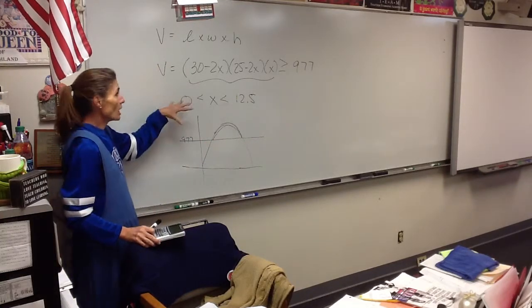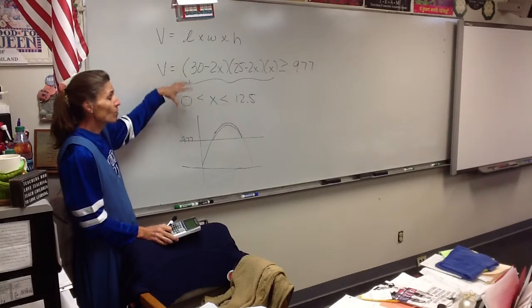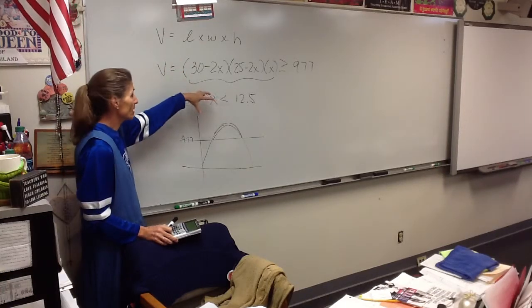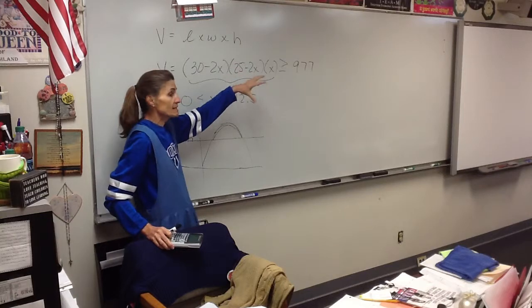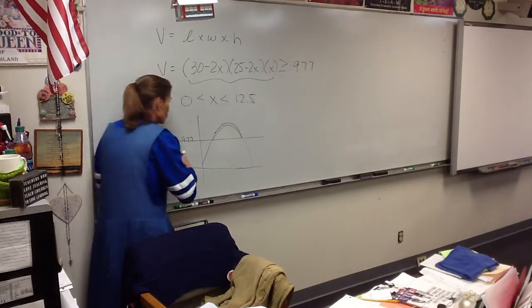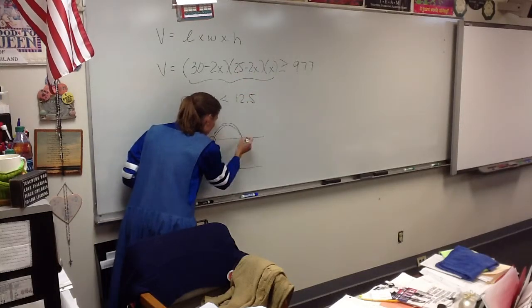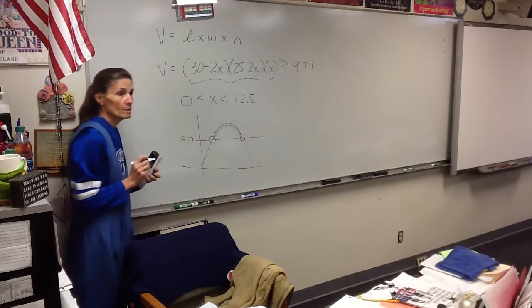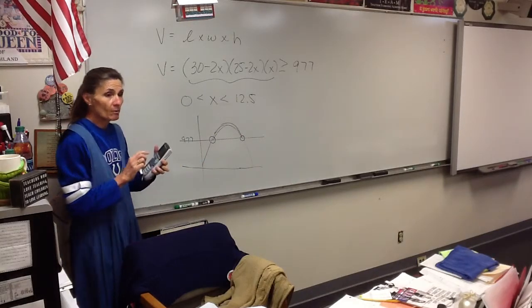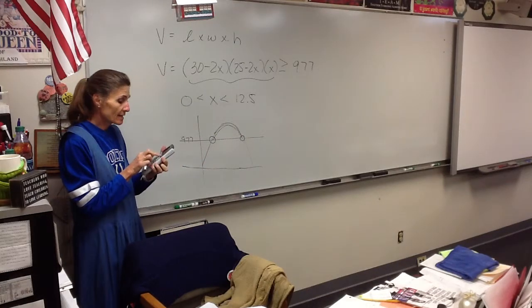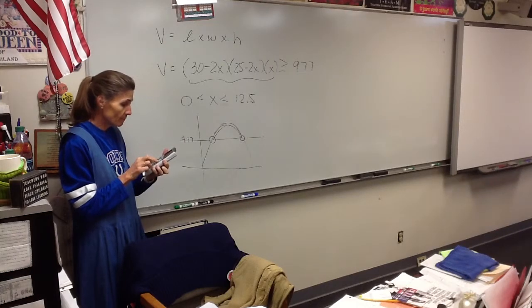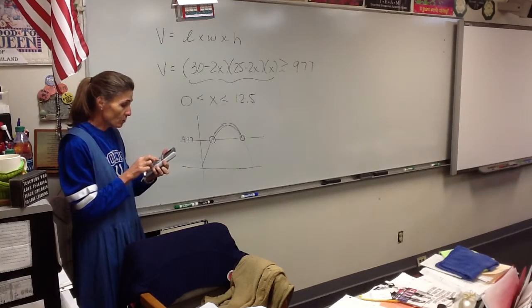Now, your job was to find what size x should be so that you are at least 977. You need to identify that point and that point. So you know how to do that, right? How do we find those points? Second calc, intersect. We can only find one at a time.